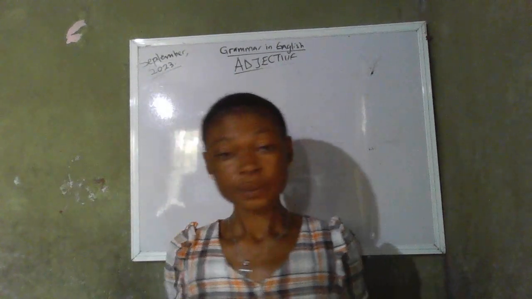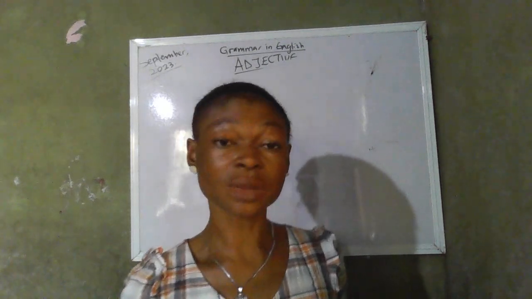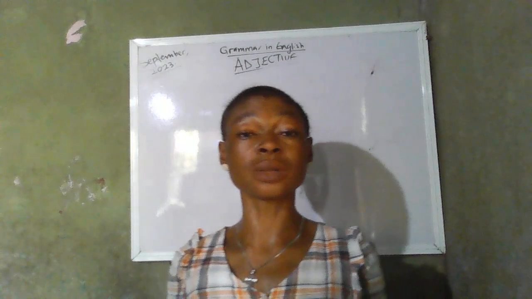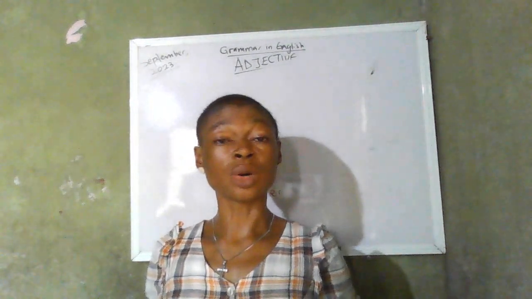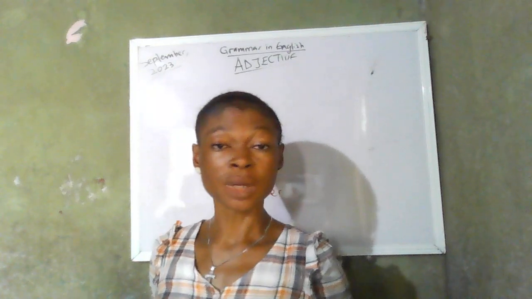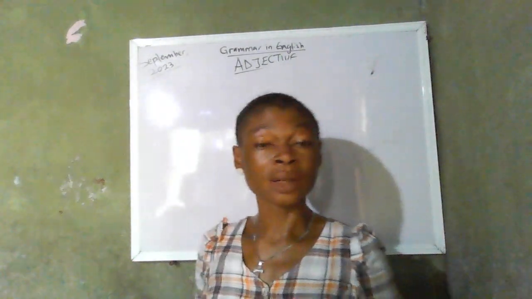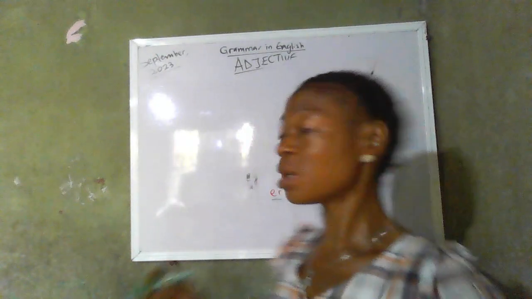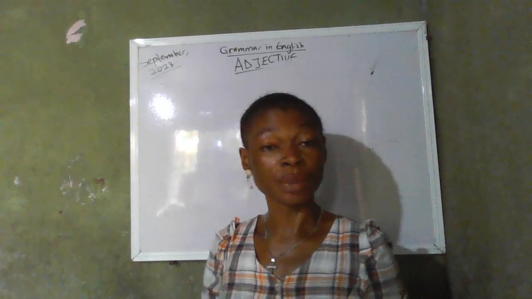Now, for single syllable or double syllable adjectives, when you are comparing two objects, the comparative form takes er, while the superlative form takes est, as in big, bigger, biggest.